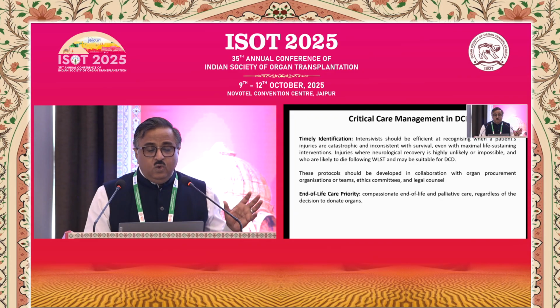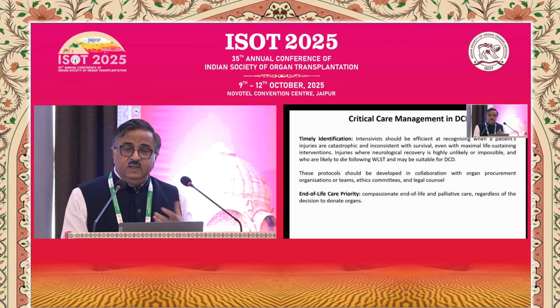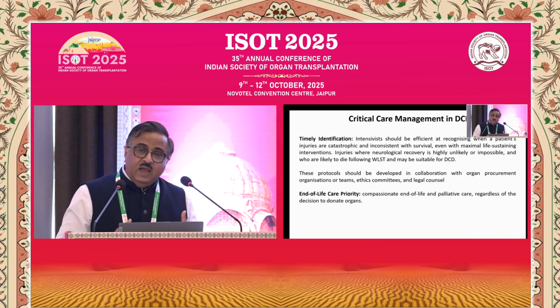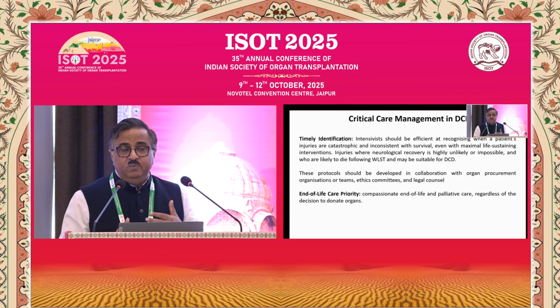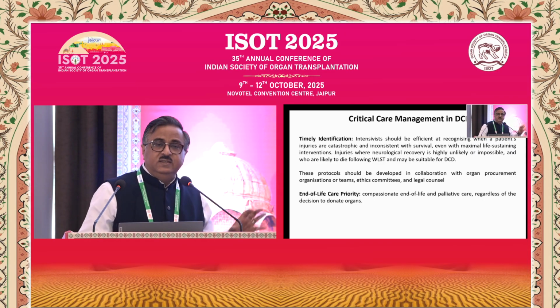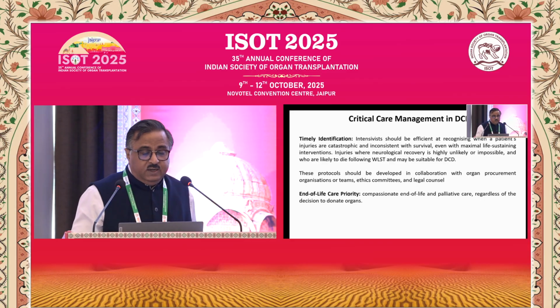Now, what are the important things for the critical care physician? Time is very, very important, and I just explained why time is important, with all those diagrams I showed that suggest how important time is. Then second is end of life priority.